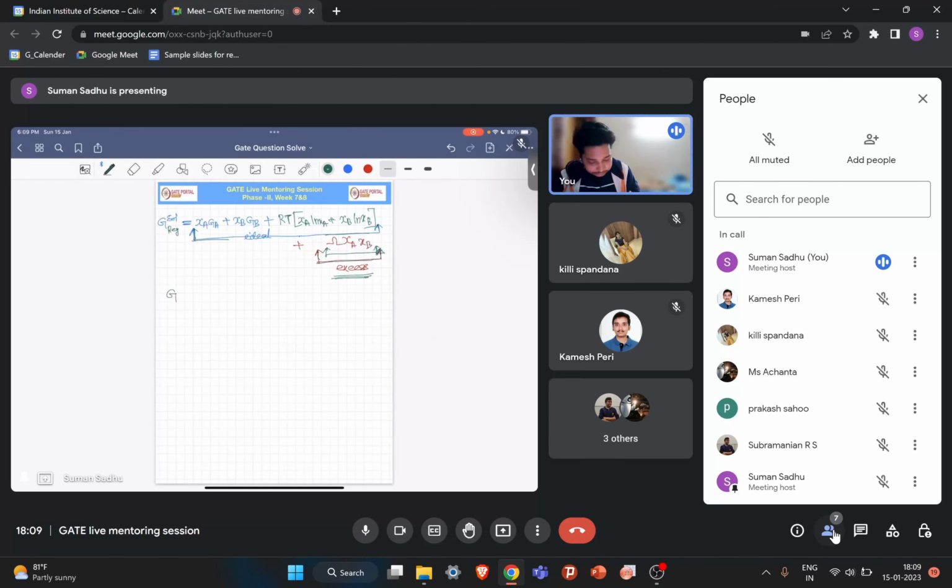So basically it is written as delta G of solution regular is equal to delta G of solution ideal plus G of excess. G of excess is omega XA XB. So everyone of you understood up to this part?